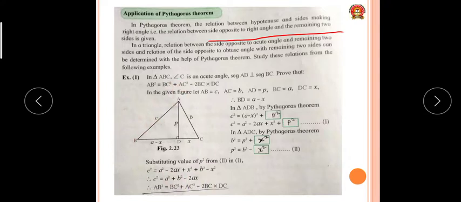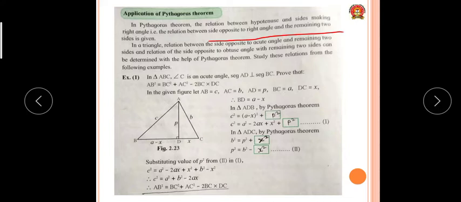What is a? a is BC square. b is AC square, minus 2 into a, which is again BC, and x is only DC.